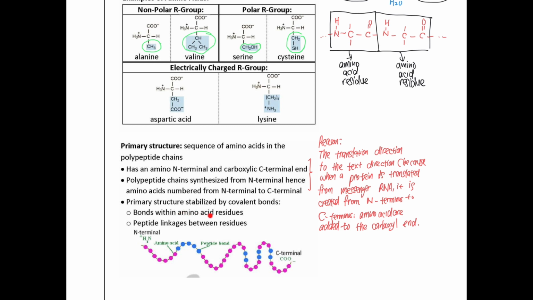Bonds within an amino acid residue are all this, within the residue, this one. What bond is this? Covalent bond. All these are covalent bonds. And then peptide linkages between residues is this one, between one residue and another residue. So let's move on.